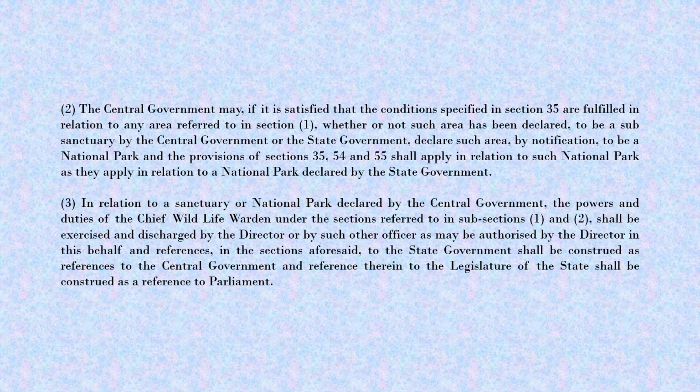The provisions of sections 35, 54 and 55 shall apply in relation to such a national park as they apply in relation to a national park declared by the state government.